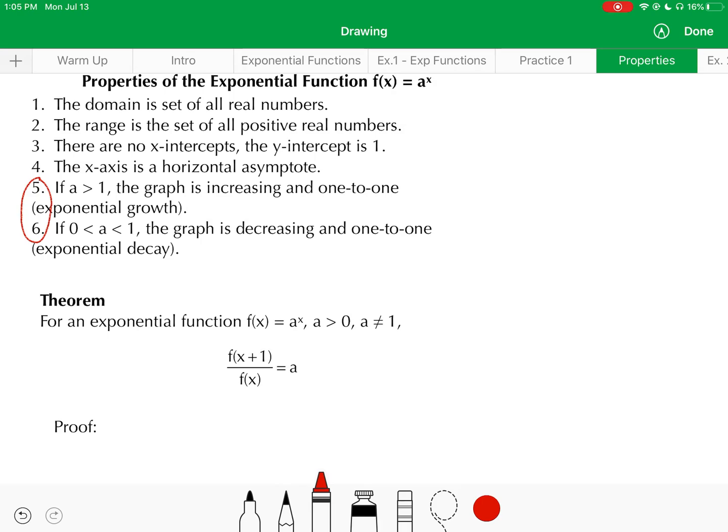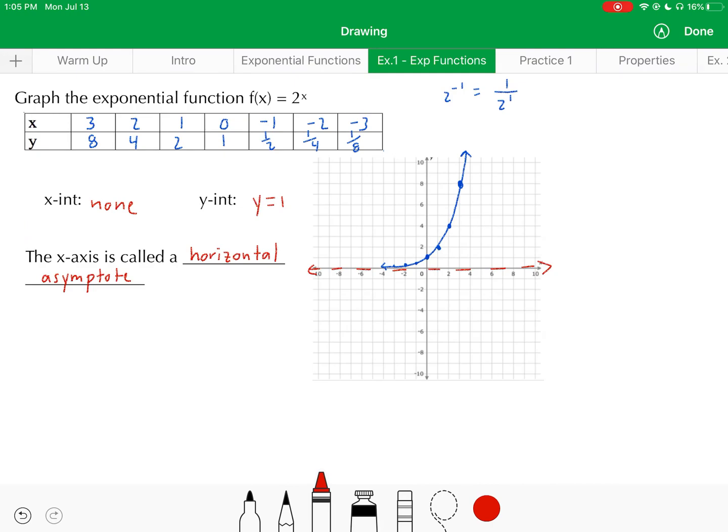If I go back to our first example, we're saying that if we take 2 points on the graph whose x-coordinates are 1 unit apart, so let's take here and here, this point has a y value of 8, and this point has a y value of 4. If I take 8 and divide it by 4, I get the base of 2 that the function has.